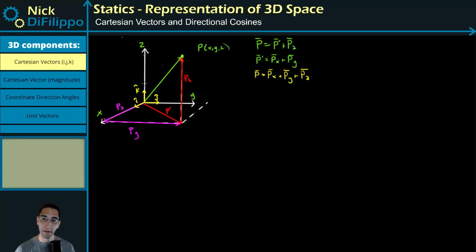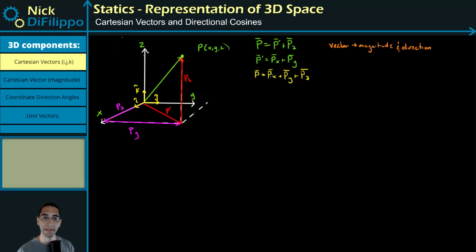Now, just to refresh your memory, a vector needs a magnitude, which is how long it is, and a direction, which is the unit vector. So the magnitude of Px is just this number of how long it is, Px.